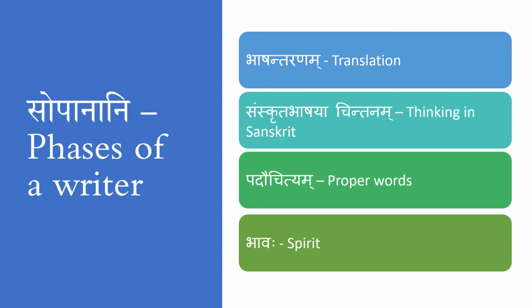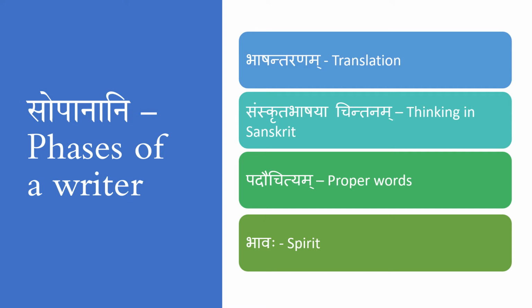For example, there are different words for water, like jalam, vari, ambu, etc. And there are also different words for agni. There are different words for akasha, or sky. Now these different words in different contexts bring different meanings. So proper words need to be used.